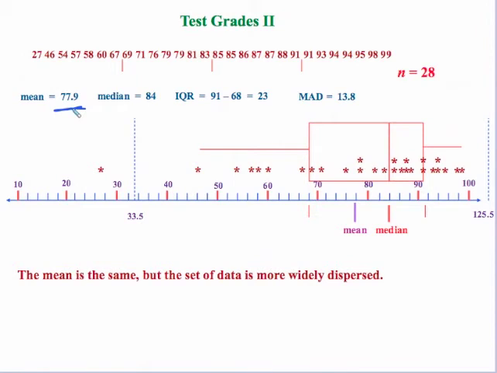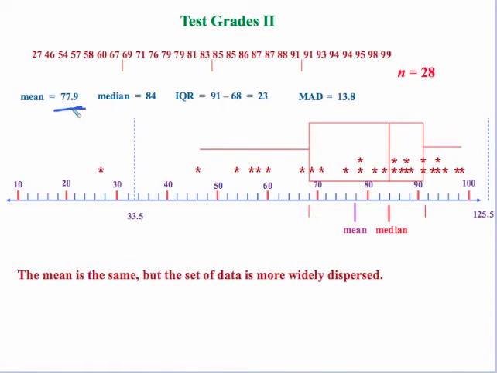Now notice that even though the mean is the same, the data looks a lot different. This time the data is a lot more spread out. It's more dispersed. Notice that there is some difference between the mean and the median, 84 versus 77.9. But the telltale values here are the interquartile range and the mean absolute deviation.